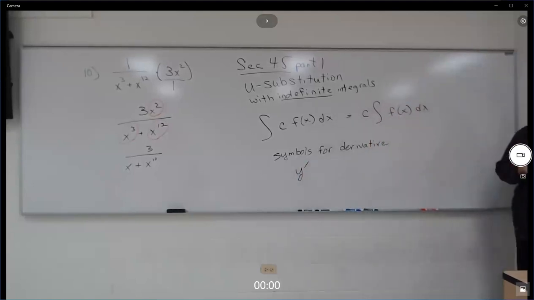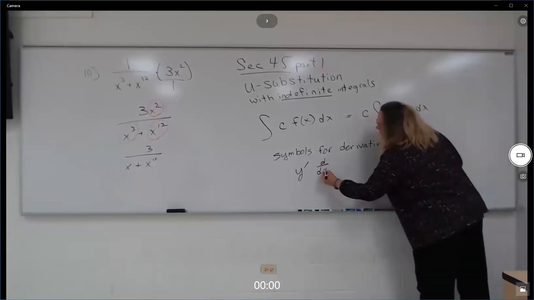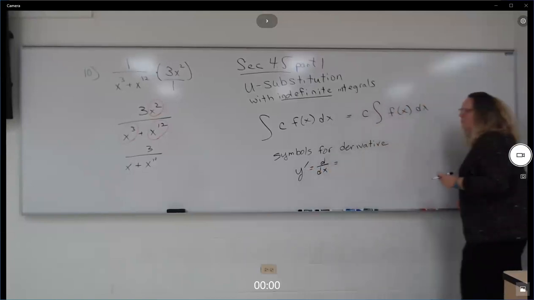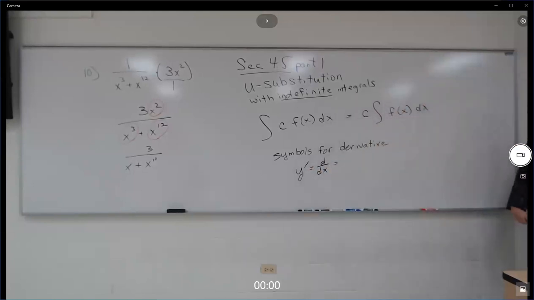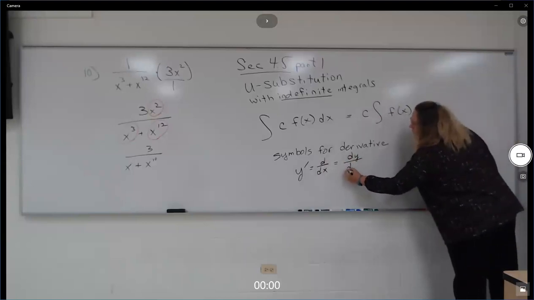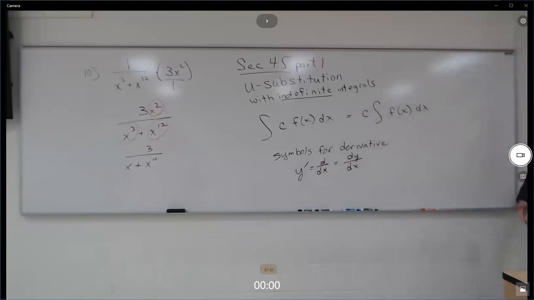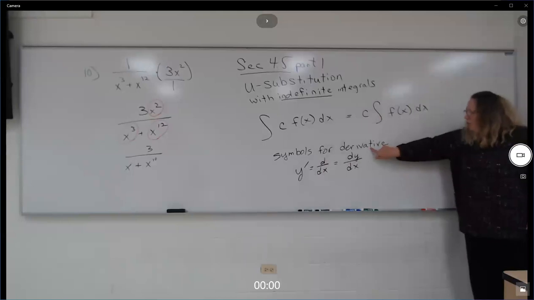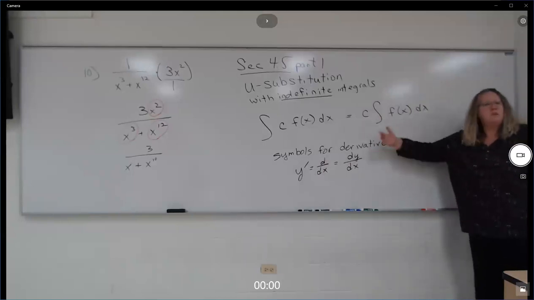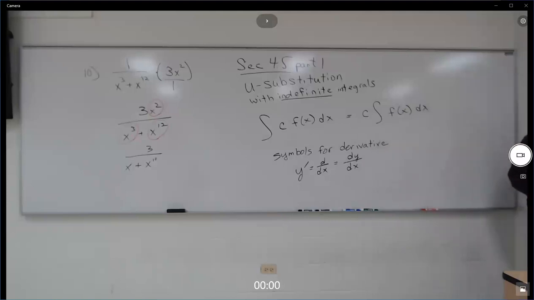It's just short, quick. Every once in a while, I use d over dx. The one we're going to go back to and use today, though, is dy over dx. Which is really probably the best notation anyways, because what does the derivative find you? Slope, which is the change in y over the change in x.